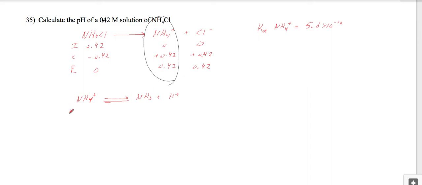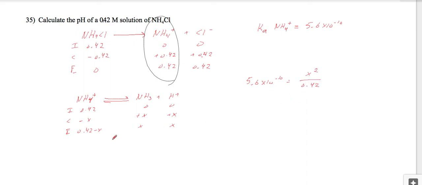So plug things in. 0.42 minus x now becomes what we know. So we have 5.6 times 10 to the negative 10th is equal to x squared over 0.42.